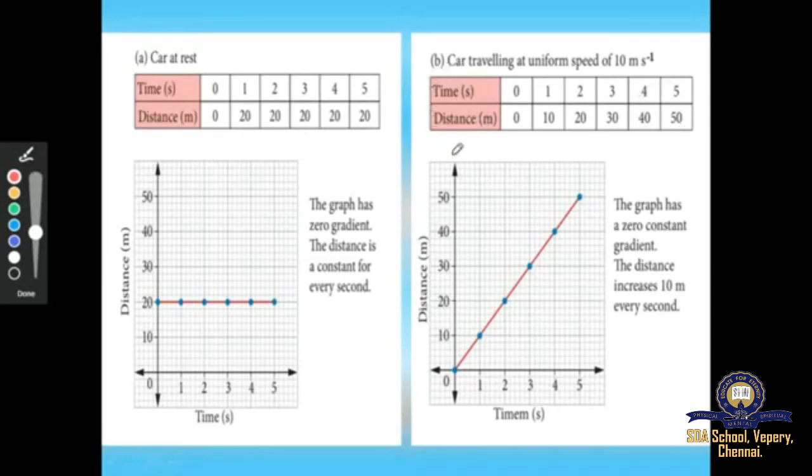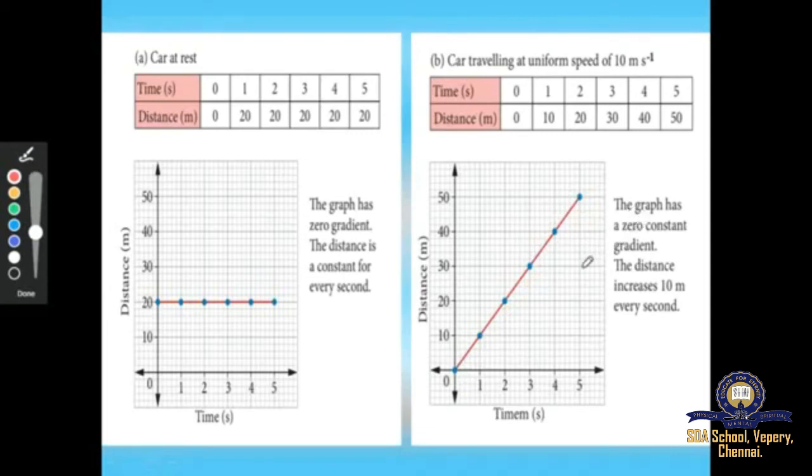With the given information, a graph is plotted by taking the x-axis to be time and the y-axis to be distance. They are plotting the points. At 0 seconds the distance traveled is 0, at 1 second it is 10, at 2 seconds it is 20, at 3 seconds it is 30, at 4 seconds it is 40, and at 5 seconds it is 50, and a straight line is drawn.